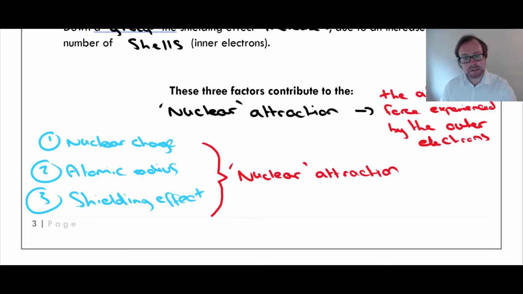And again, you might just see it described as attraction. So remember that nuclear charge and nuclear attraction are slightly different. Our three factors are nuclear charge, atomic radius, and shielding effect. All these factors combine to perform something called nuclear attraction, and the nuclear attraction is the attractive force experienced by the outer electrons.